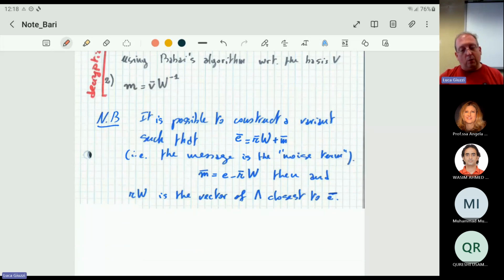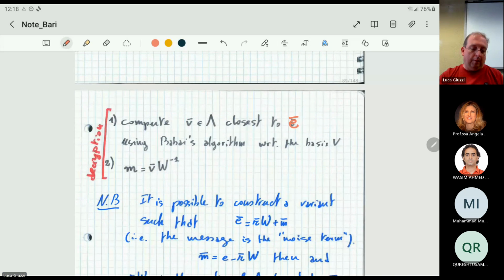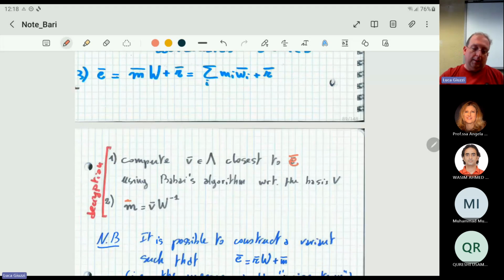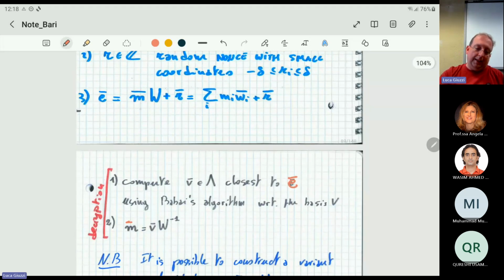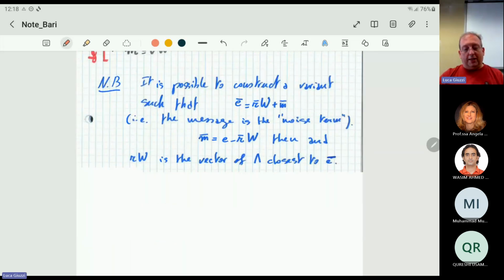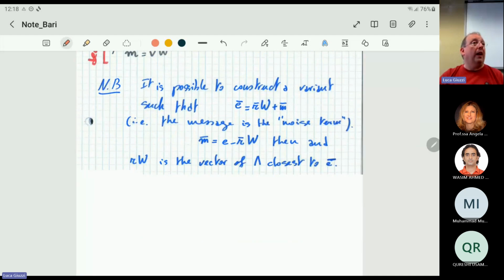There is a variant where, instead of encoding in v, that is to say what has been done here, where the message is here and this is the error term, we just encode in the error, and the message is taken as random. In practice, as I was telling you before, these are key establishment protocols, so both of the vectors m and r are random.